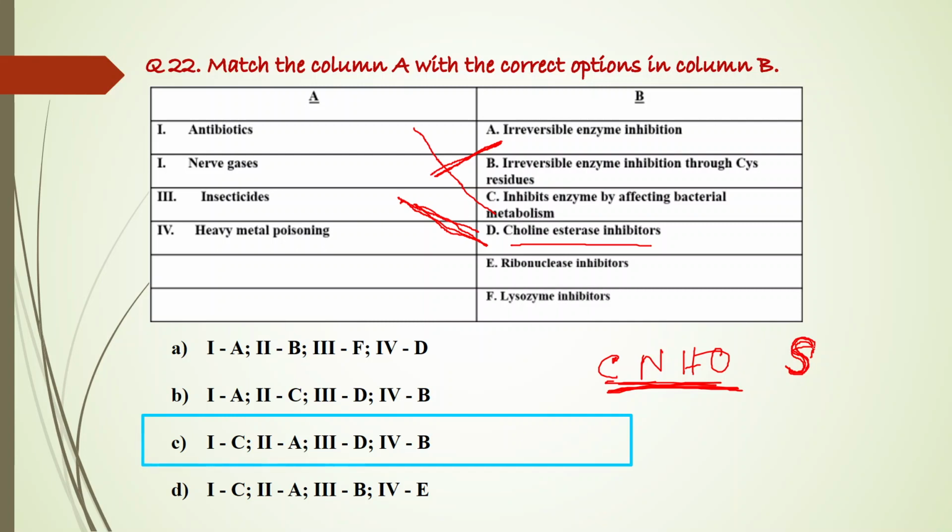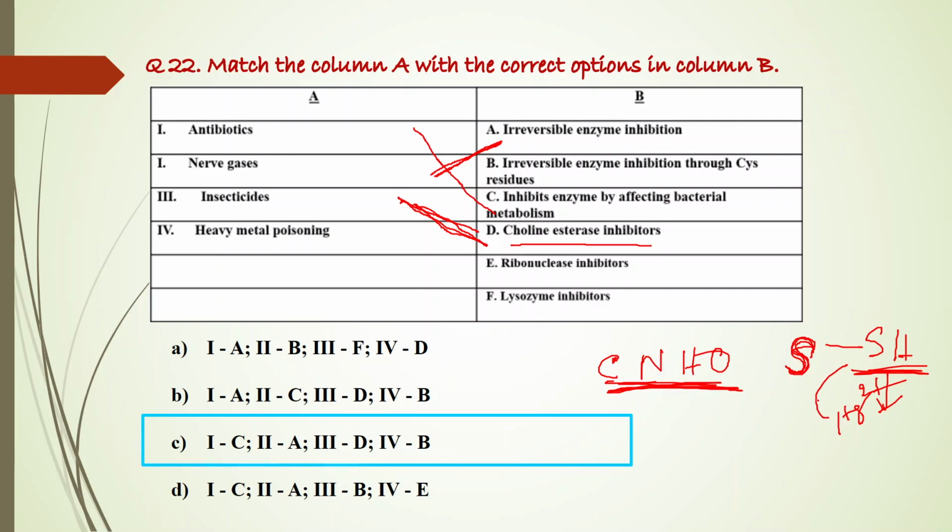So where will they bind? Obviously cysteine residues, SH, and because in case of cysteine it is SH, it is very much reactive to the soft metal centers like Hg2+, where they can have a soft interaction and have a good binding.